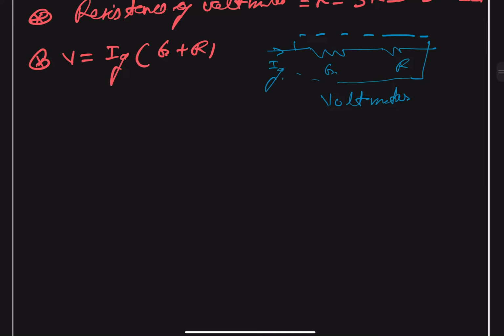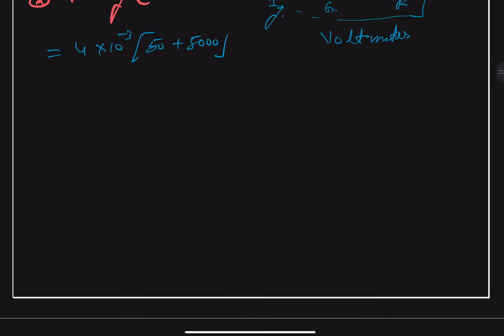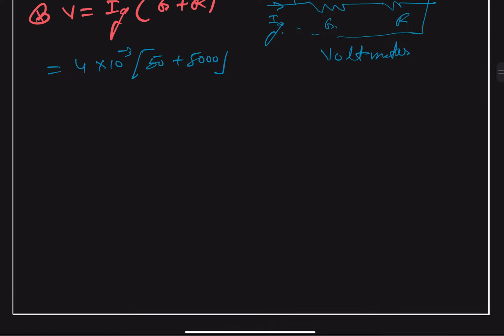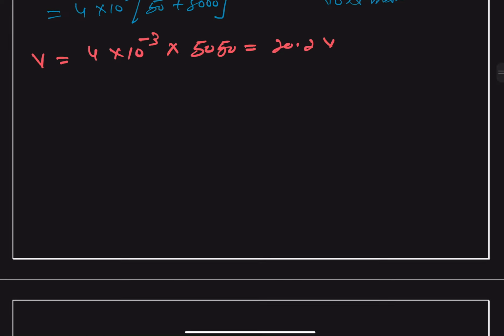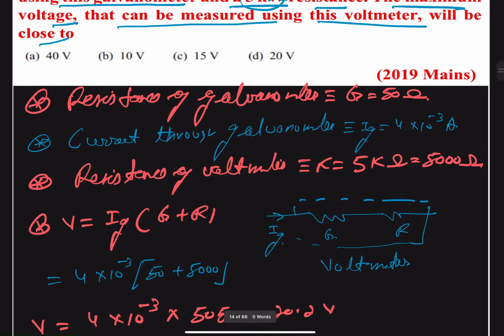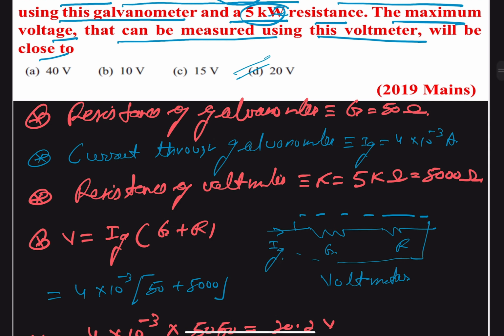And we know all these values, so we can substitute it. 4 into 10 to the power minus 3, and galvanometer is of 50, this is about 5000, and we get V is equal to 4 into 10 to the power minus 3 into 5050, which will be equal to 20.2 volts. So we can say voltage is approximately 20 volt. This is the maximum voltage it can measure. So option number D is the correct one.